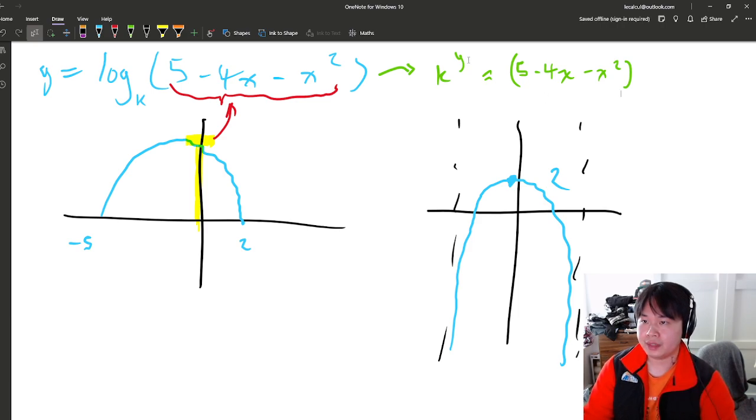This is the largest when your exponent y is the largest, or vice versa.